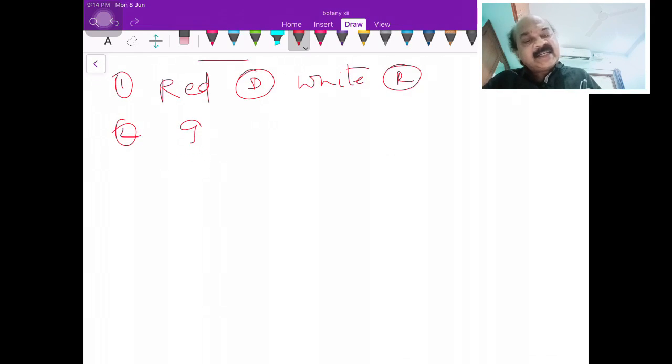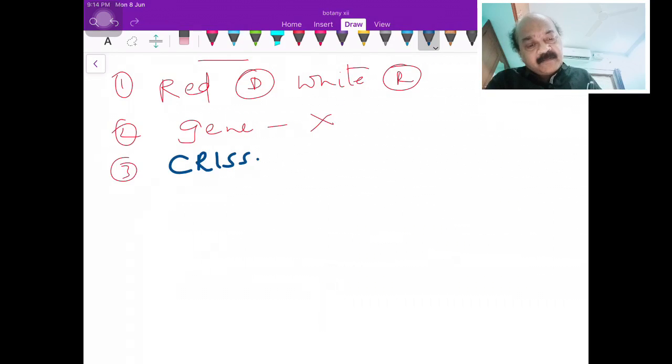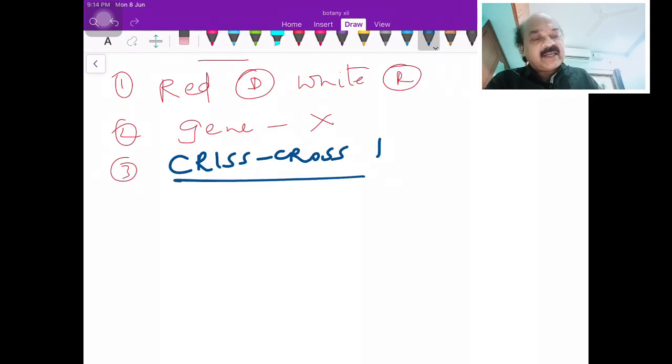And this gene is present on the X chromosome. As far as inheritance of this gene is concerned, it follows crisscross inheritance.